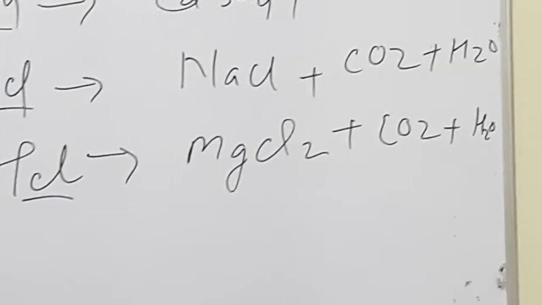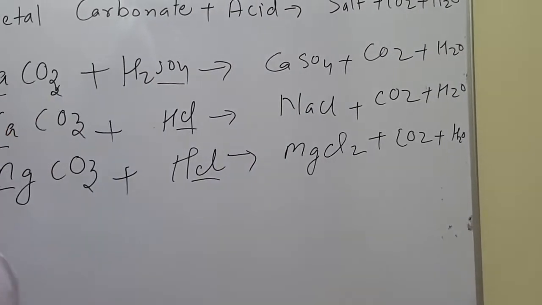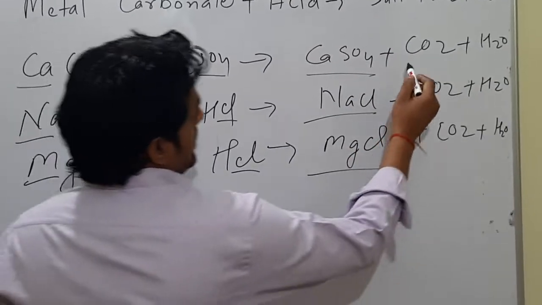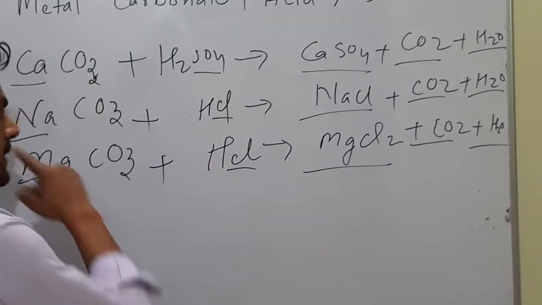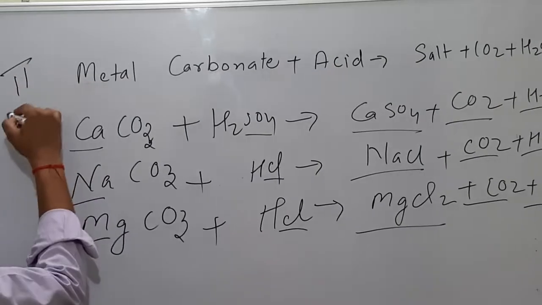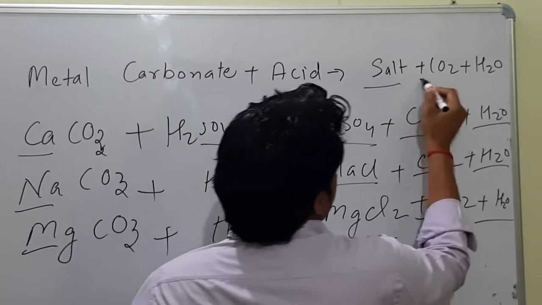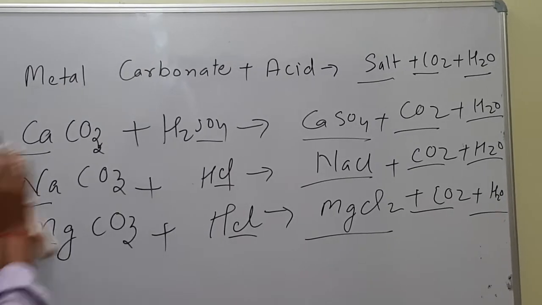Try to balance it. आप अपने से बैलेंस करने की कोशिश कीजिएगा. ये सारे रिएक्शन में salt, carbon dioxide and water is formed. Second one is whenever a metal carbonate reacts with acid, it always forms salt, carbon dioxide and water. Now let's move to the third one.